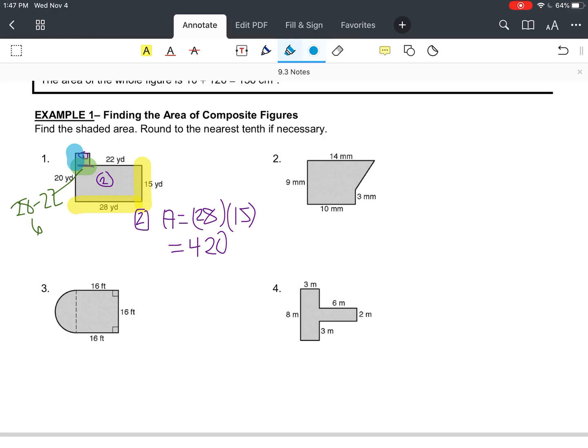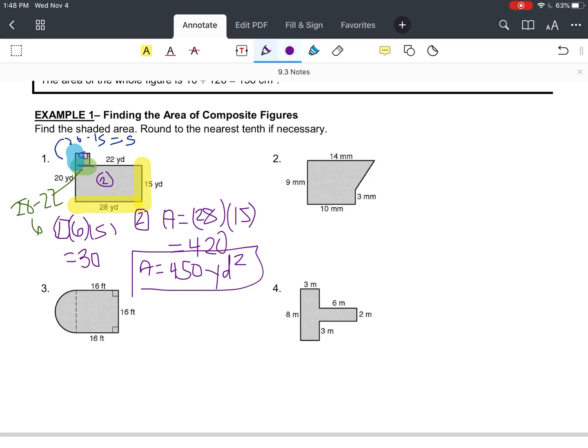To find the height, the whole height on the left here is 20, and 15 is part, so it would be 20 minus 15, which is 5. So for figure 1, my area would be base, which is 6, times height, which is 5, and 6 times 5 is 30. So adding 30 and 420 together, my total area is 450 yards squared.